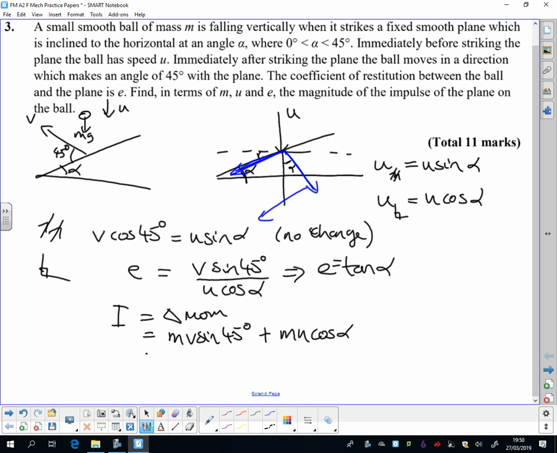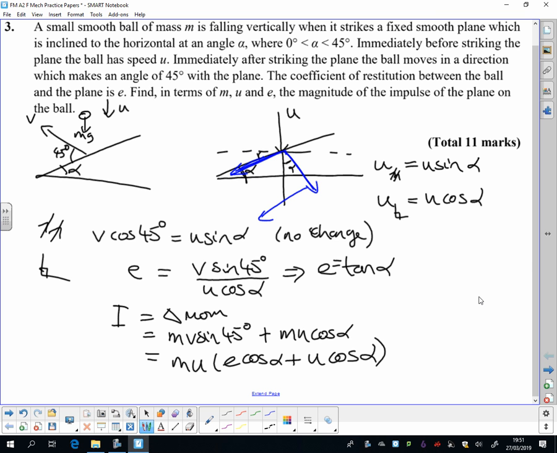So that is going to be, if we just factorise out the m and the u, E cos alpha plus u cos alpha.